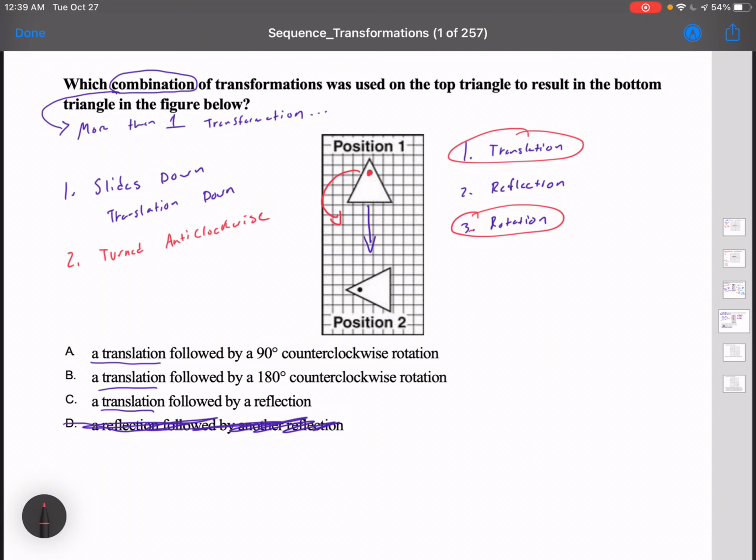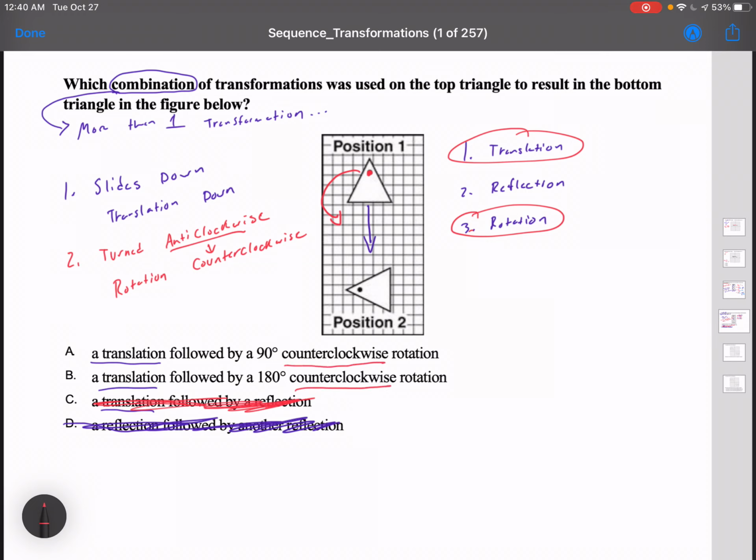Well, if it turned, that means we know it's a rotation. And it went counterclockwise, because anti-clockwise means counterclockwise. So let's go through. Oh, well, it's definitely not C, right? So now we have 2 that it could possibly be.